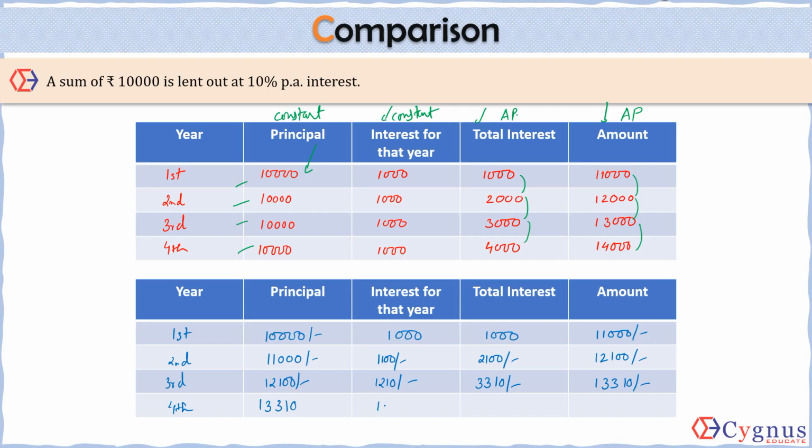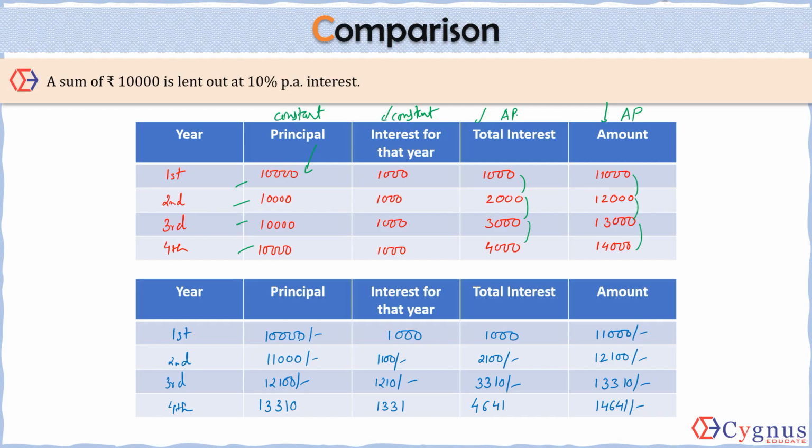If you use it for the fourth year, interest will be charged on 13,310, which is equal to 1,331. So what will be the total interest? Look at this one. It will be 4,641. And the amount payable at the end of 4 years will become 14,641 rupees. Now, if you compare this, look, the principal is not constant.